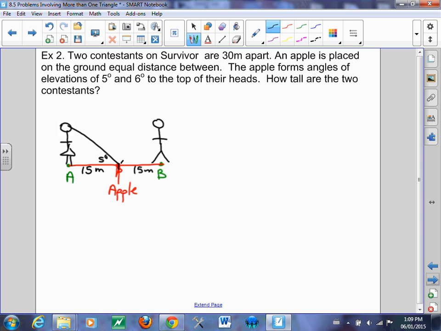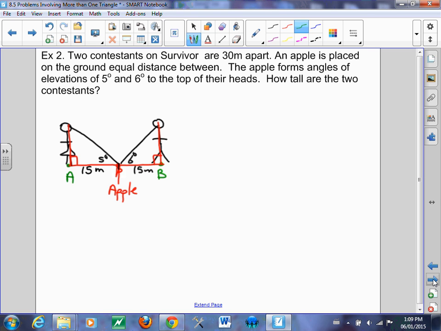They say the angle of elevation to the top of their head is 6 degrees. And hopefully we realize that people stand at a 90-degree angle, usually. Now the question says, how tall are the two contestants?